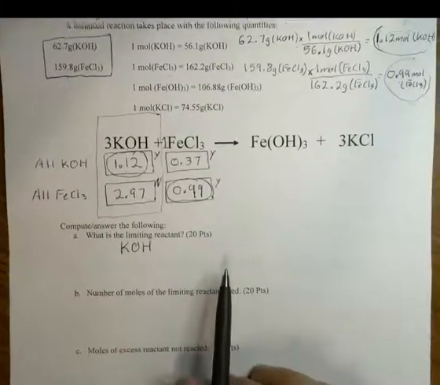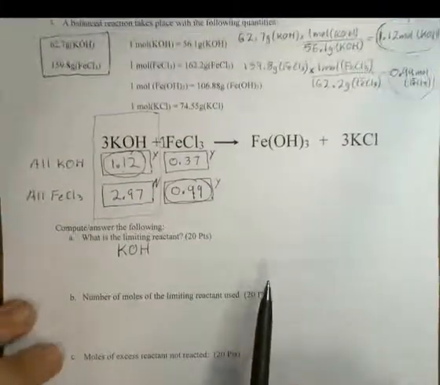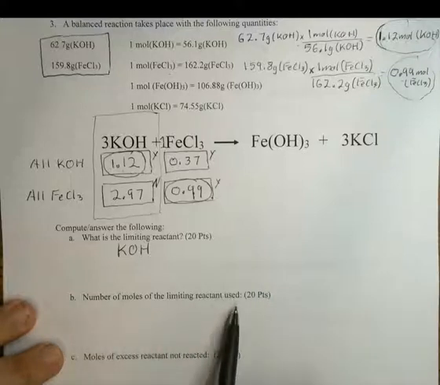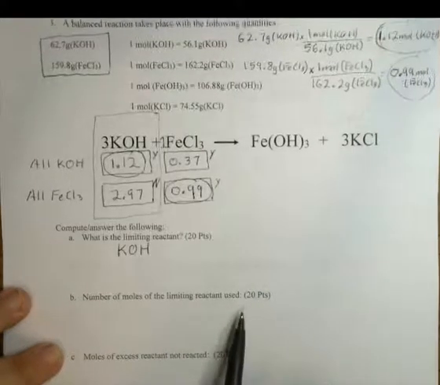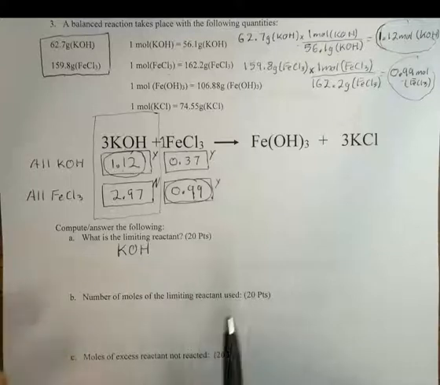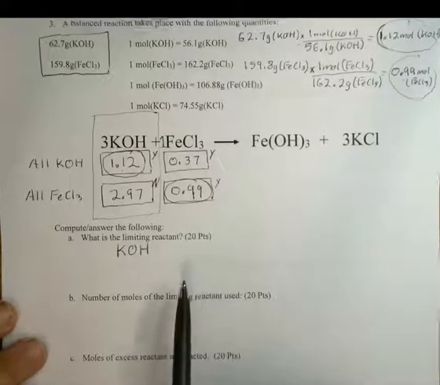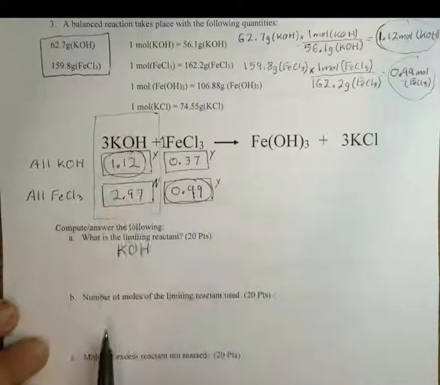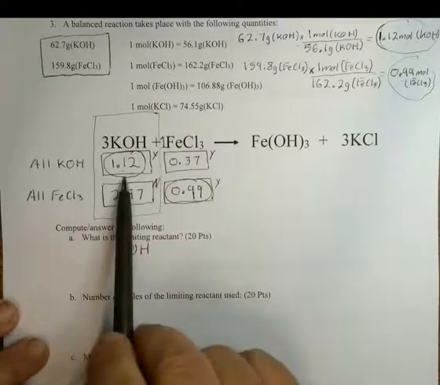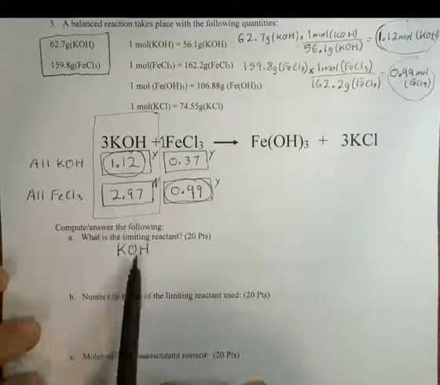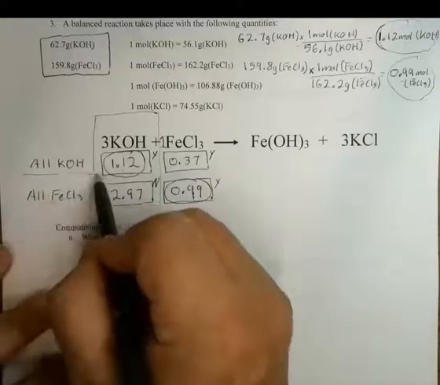Okay, the next thing is number of moles of limiting reactant used. So that one is not a question I've normally asked, but first you got to identify the limiting reactant is KOH. So the question is, which of these did we run? Which reaction? The reaction that actually runs is this one.